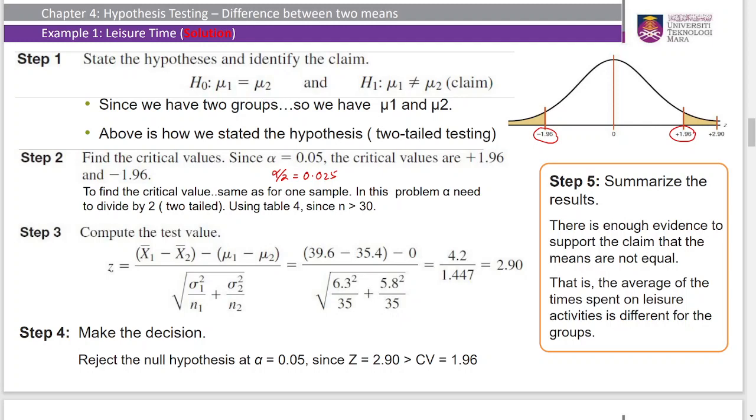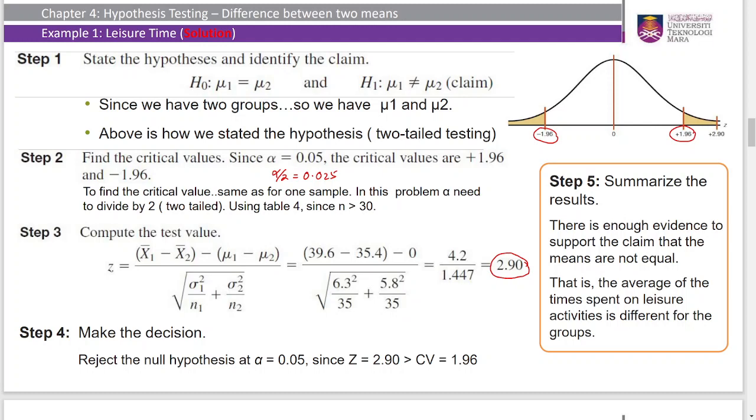So once you have the critical value obtained from the tables, then you can compute the Z statistic given by the formula. Substituting the correct information into the formula, you get the value to be 2.90. So this is positive, so look at the right hand side of the distribution.